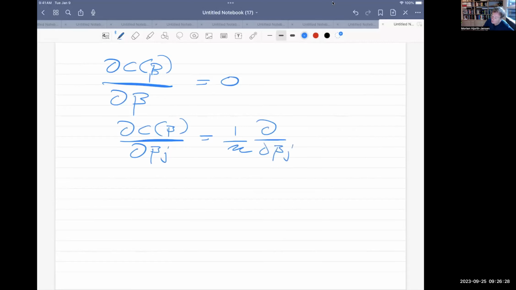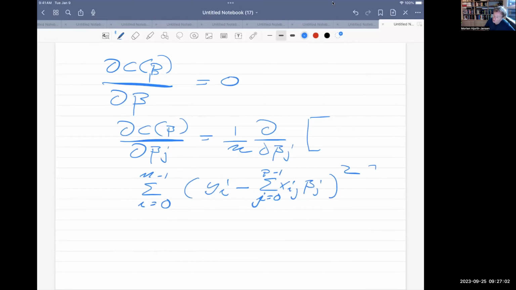If we are using the mean squared value, that means we need to take the derivative of a sum over i equals 0 to n minus 1, of y_i minus the sum over j of x_ij multiplied with beta_j, where j goes from 0 up to p minus 1, and this is squared. This is a quantity which we need to take the derivative of.